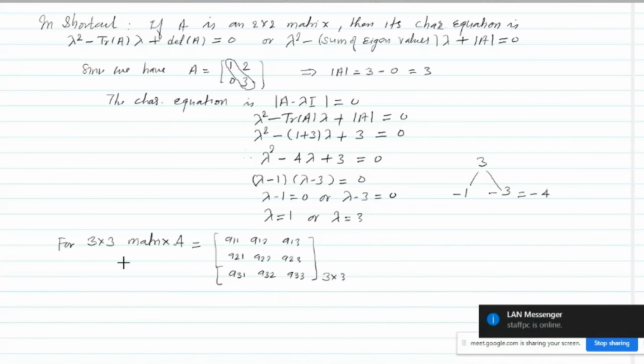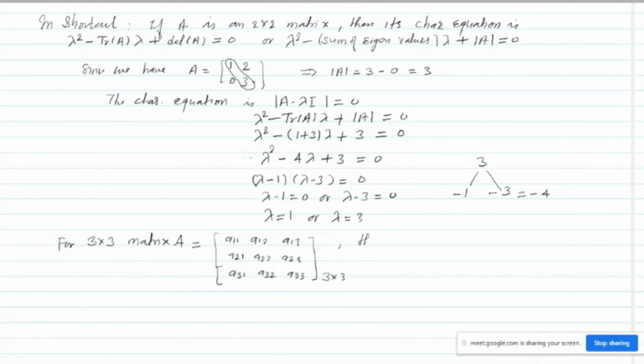So for a 3 cross 3 matrix A, the characteristic equation is given by the following.